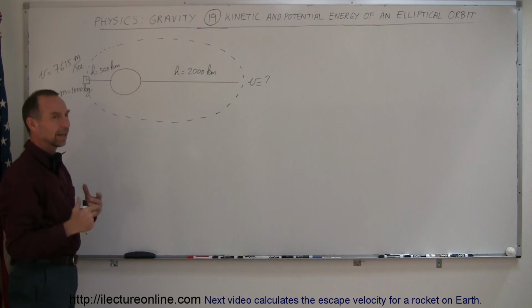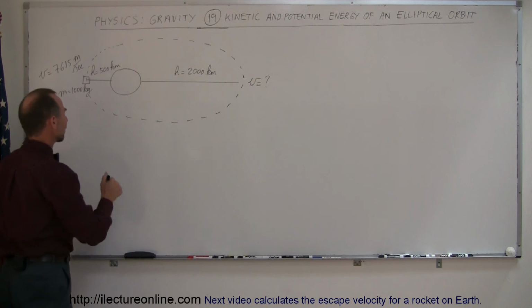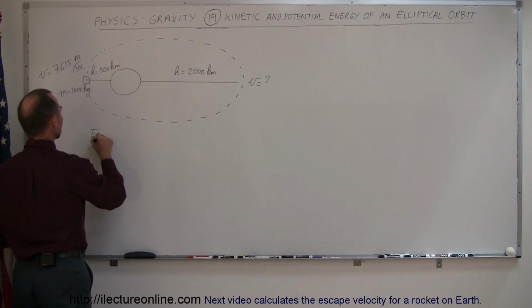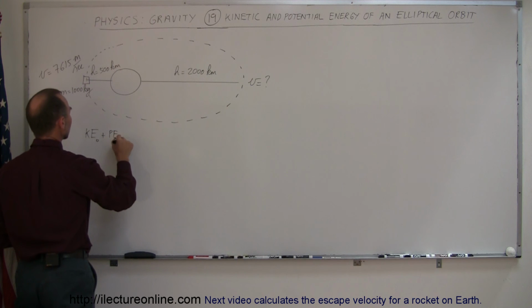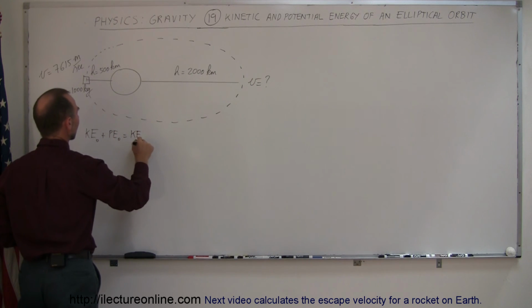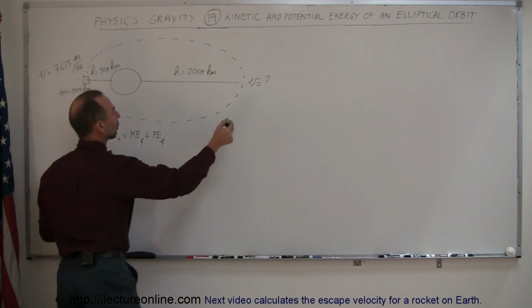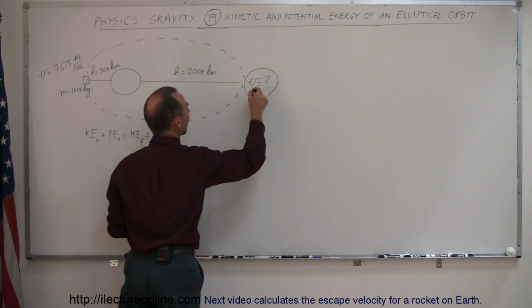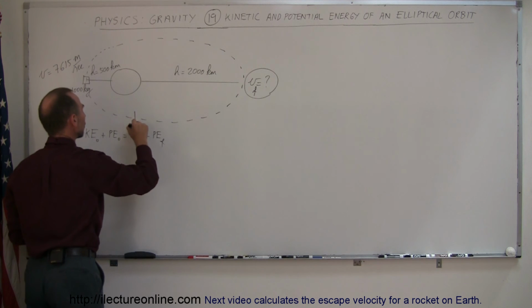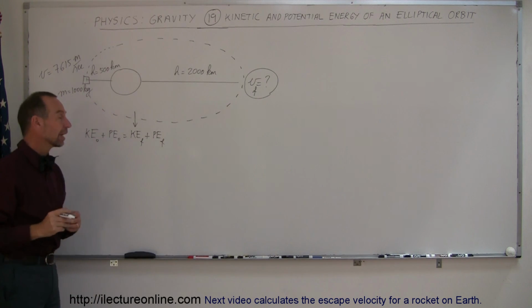All right, so again, just like we did in earlier chapters, we can say that the kinetic energy initial plus the potential energy initial equals the kinetic energy final plus the potential energy final. And since we're looking for the velocity, let's call this velocity final, we then want to know the kinetic energy final of that equation.